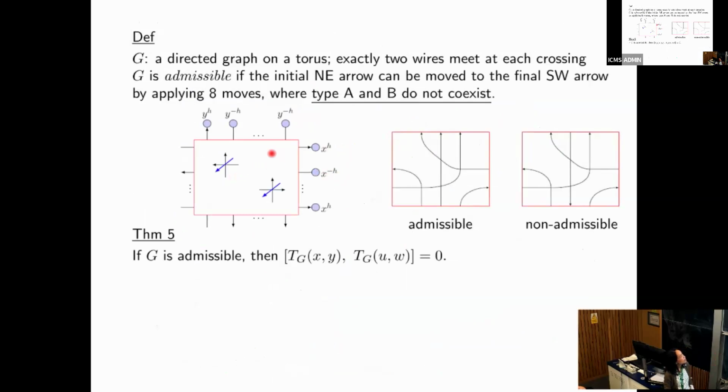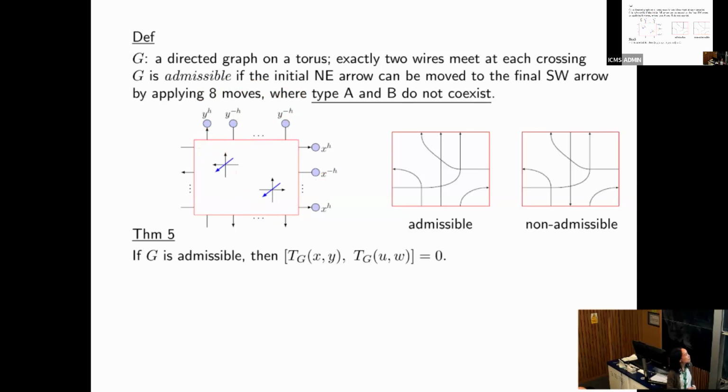If the arrow is going out, we put H to X to H, the horizontal one. And if the arrow is coming in, then we put H to X to minus H, sorry. And we do the same for the vertical arrows, Y to H or Y to minus H.